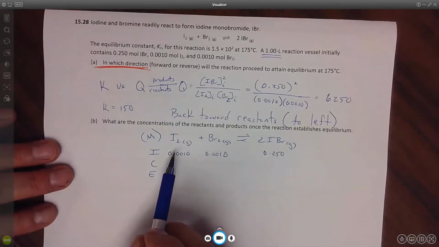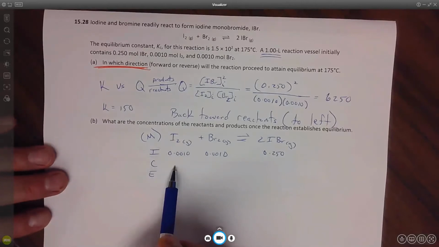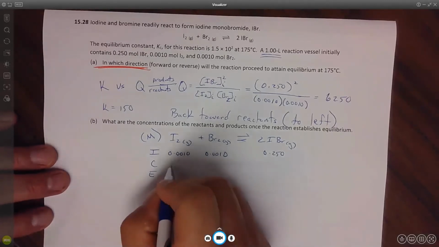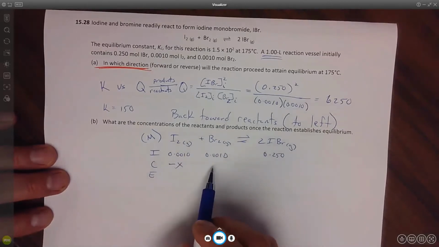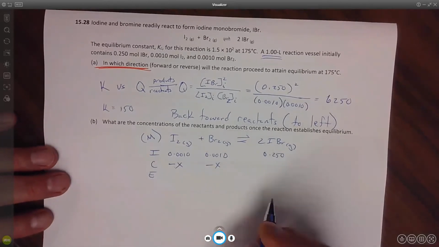Caitlin, how does the iodine change? What do I put here for C, for iodine? Negative X. Yep, minus X. The bromine, minus X. And the iodine monobromide, plus 2X. Exactly.